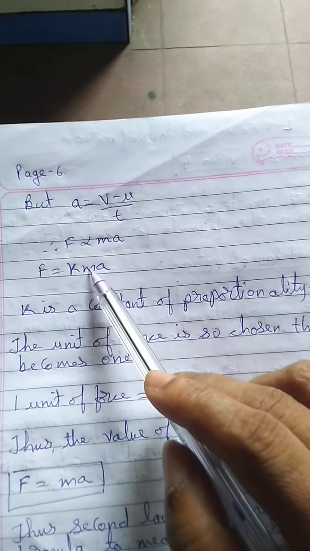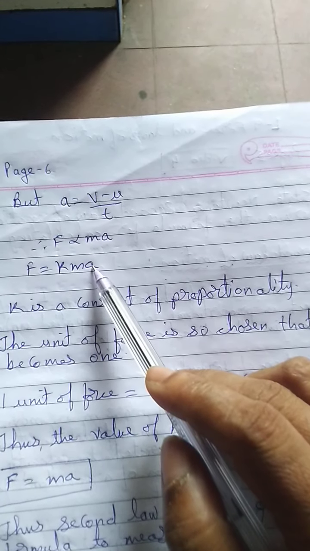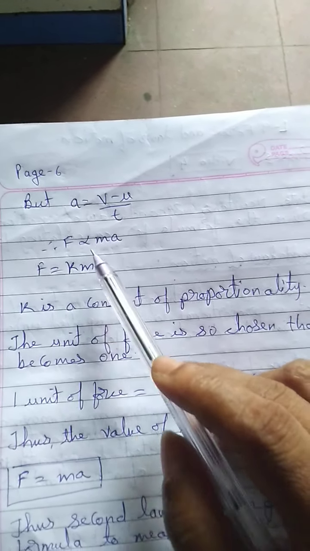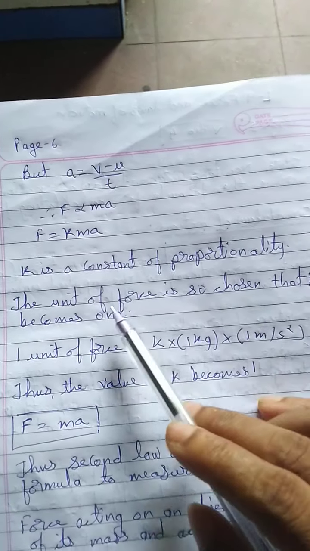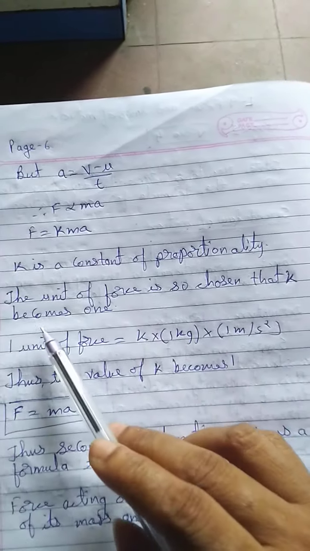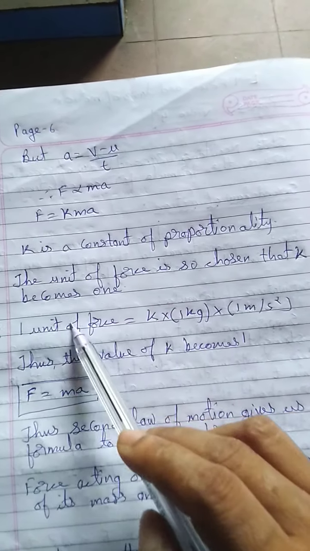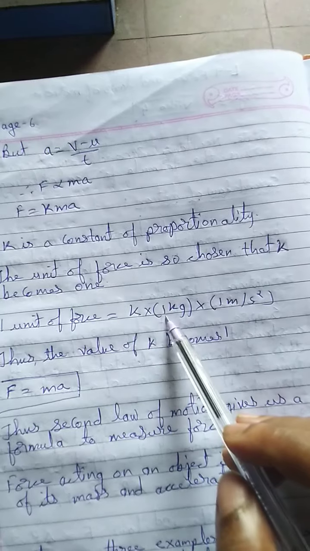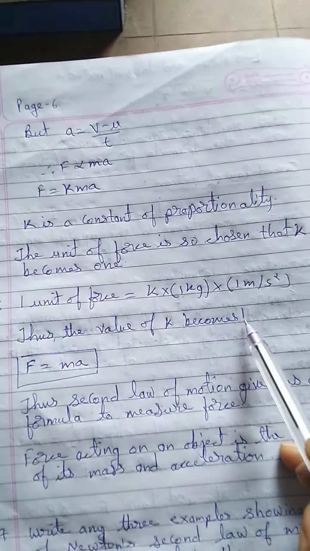If an object of 1 kg is accelerated by 1 meter per second square by applying 1 Newton force, then the value of k becomes 1. So the unit of force is so chosen that k becomes 1. So 1 unit force is 1 equal to k into 1 kg into 1 meter per second square. Thus the value of k becomes 1.